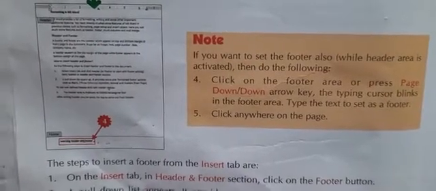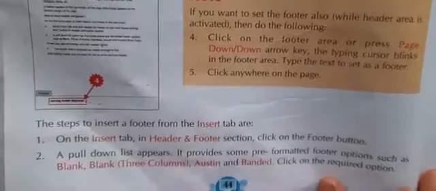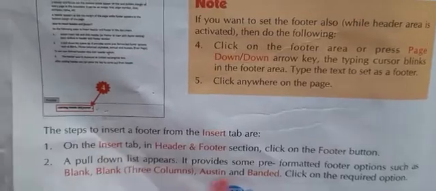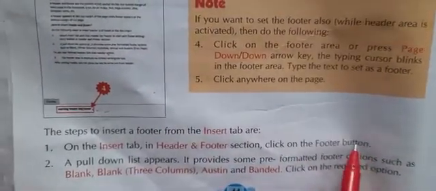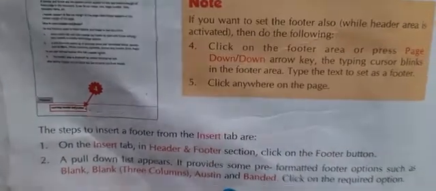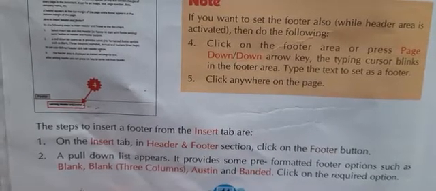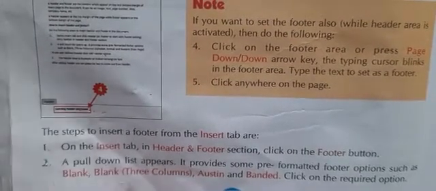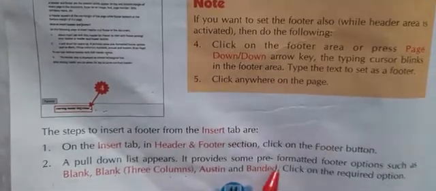Now we will learn how we can insert the footer from the Insert tab. We will go to the Insert tab, then to the Header and Footer section. We will click on the Footer button, then again a pull-down list will appear. We can select any pre-formatted footer option. It can be blank with 3 columns, asterisk, or banded.